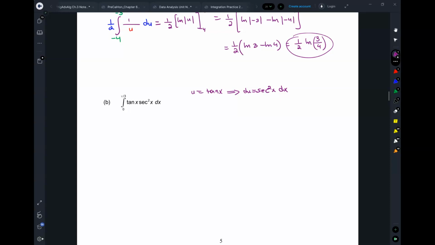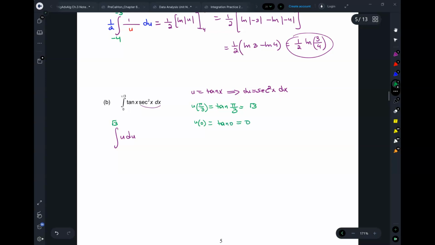I'll take questions. So this is going to be the integral of u, and this is all just du. Now, the bounds. U of pi over 3 is tangent of pi over 3, which is root 3. That goes here. U of 0 is tangent of 0, which is 0.